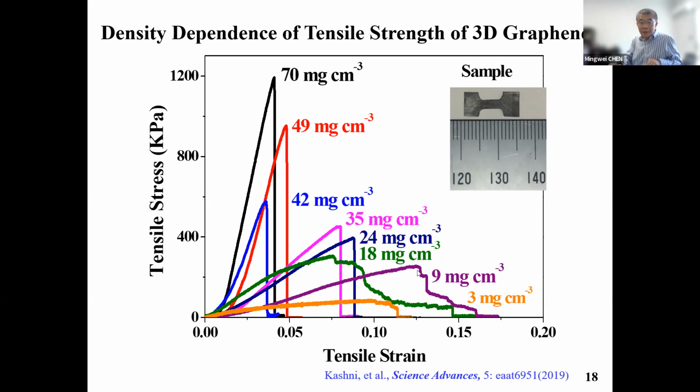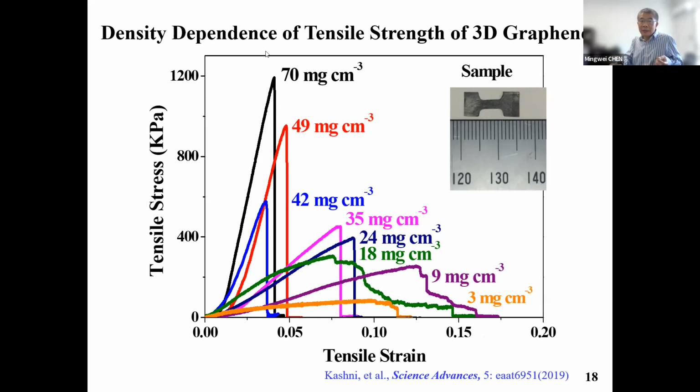So this kind of density-dependent mechanical property correlation can be simply characterized by conventional tensile testing. But if you look closely at the stress-strain curve, you're going to notice that the sample with low density somehow shows plastic-like deformation behavior, no longer just linear deformation, right?